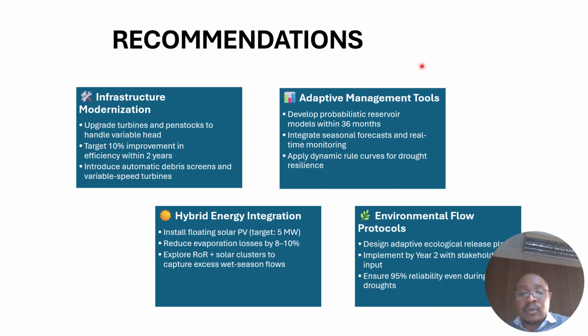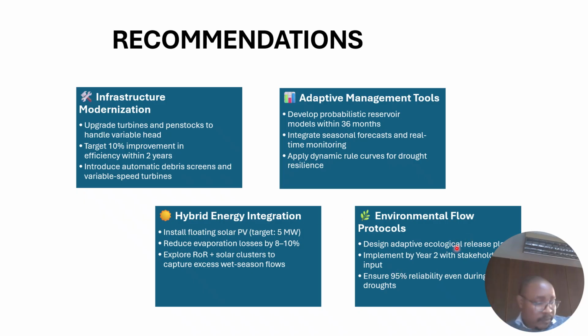Apply dynamic rule curves for drought resilience. Hybrid energy integration is the third recommendation: install floating solar PV, with a target of 5 megawatts, to reduce evaporation by at least 8 to 10%. Explore a run-of-river plus solar cluster to capture excess wet-season flows.